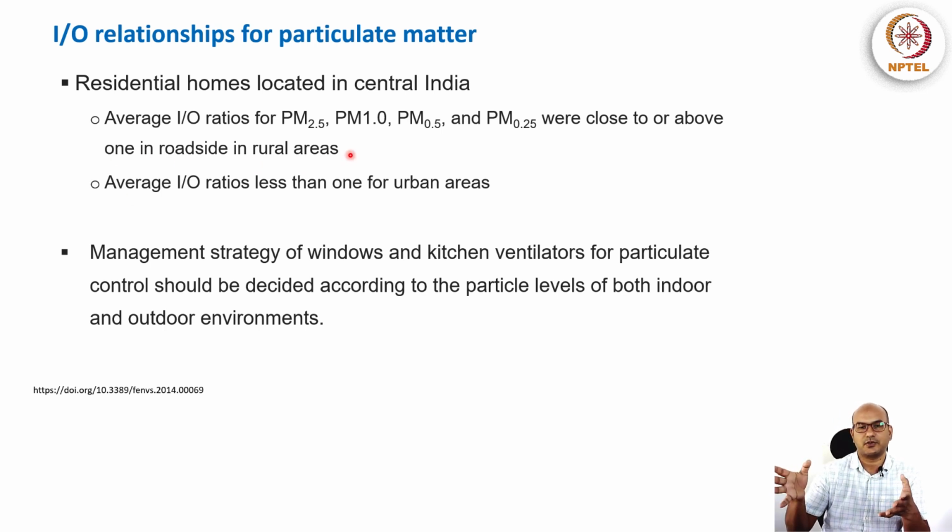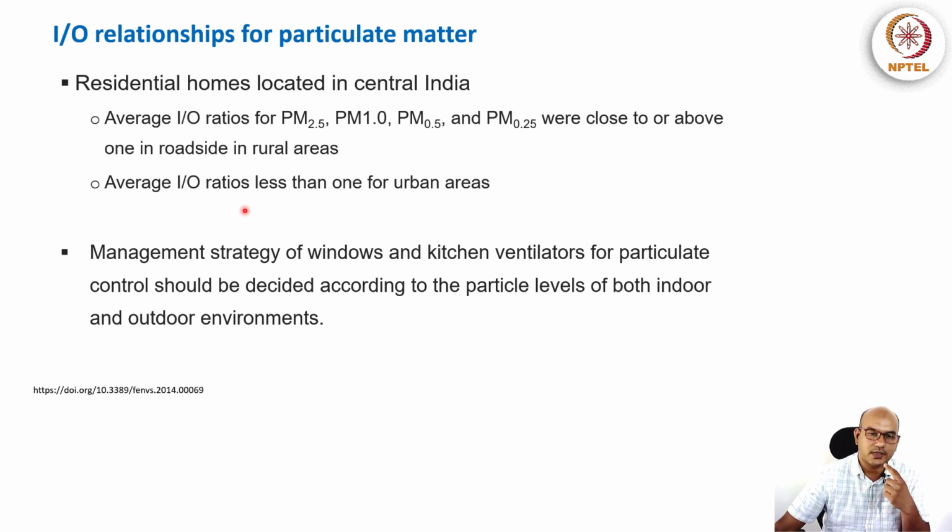So the dust emitting outside is coming in, so we are moving towards 1, close to 1, and sometimes there may be indoor sources as well, so the I by O ratio can be more than 1. Sometimes the outdoor dust itself settles on the indoor floor, and then when people move around, that dust goes up and gets added to the dust coming from outside.